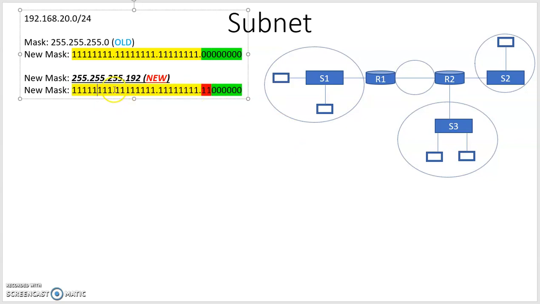So if you translate this into a corresponding decimal, then 8 ones is 255, 8 ones 255, 8 ones 255, and 1 1 and 6 0s, that is 192. So the new subnet mask is 255.255.255.192. So now the real question is to get the corresponding IP address ranges for each of the subnets.